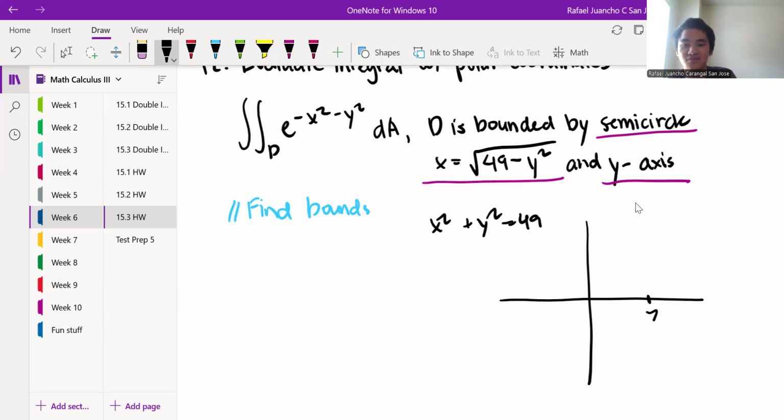And we're saying it's bounded by a y-axis. It's an upper semicircle like this, right? This is 7, and then it's bounded by the y-axis. Now, which side? I would just go for this part. So I think the region we're talking about is this thing.